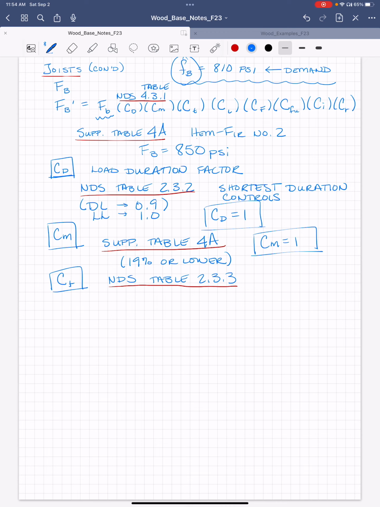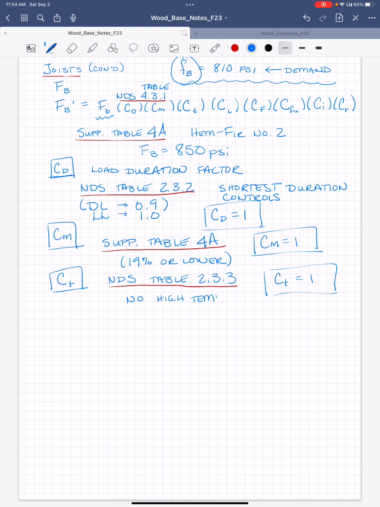And so in here, no high temperatures are specified for ours. The table shows things for greater than 100 degrees. If it's less than or equal to 100 degrees, it's just a 1.0 factor. So C sub T is 1. No high temps.